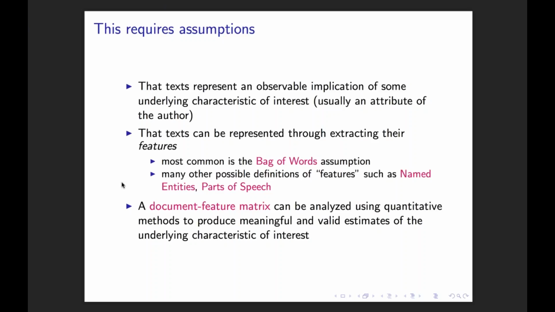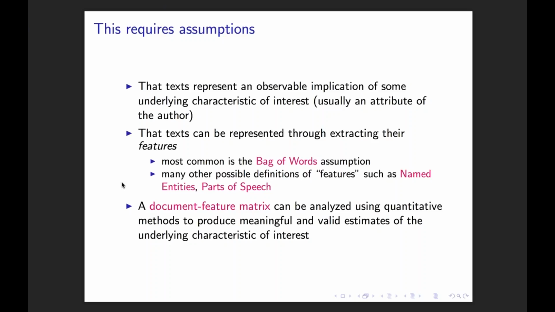So in political science, oftentimes we're interested in the ideology of the party or the ideology of the member of parliament. In my own research, I'm often interested in the inflation aversion of a particular central banker, given the inflation aversion of his or her colleagues.